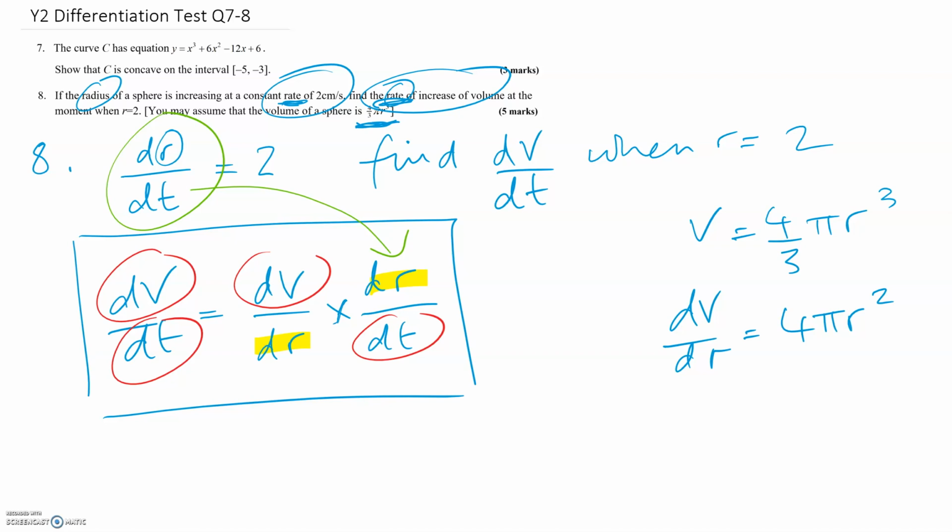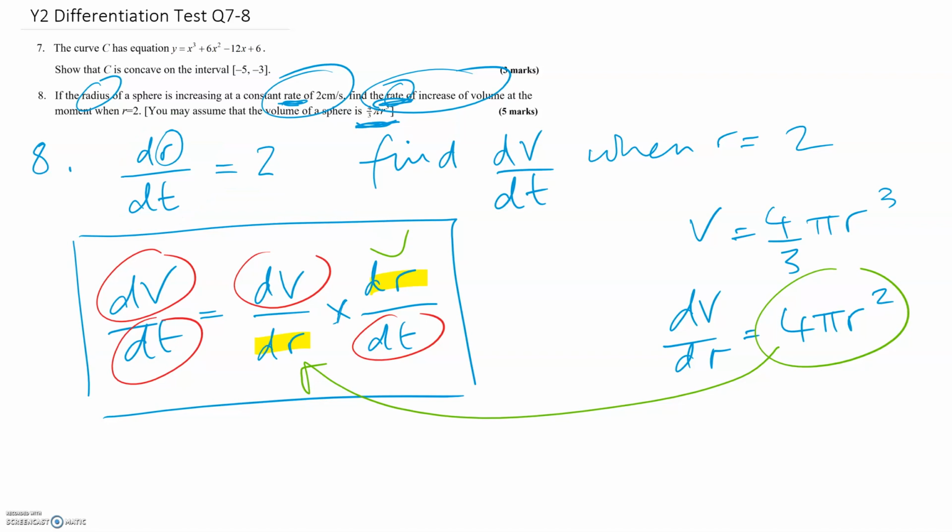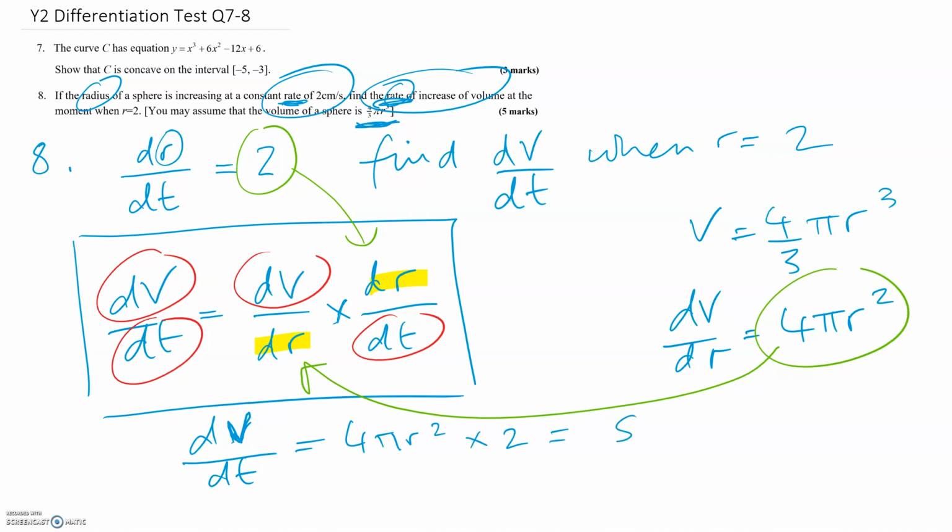Then we put this in here with our 2, and dV over dt equals 4 pi r squared times 2, which is 8 pi r squared.